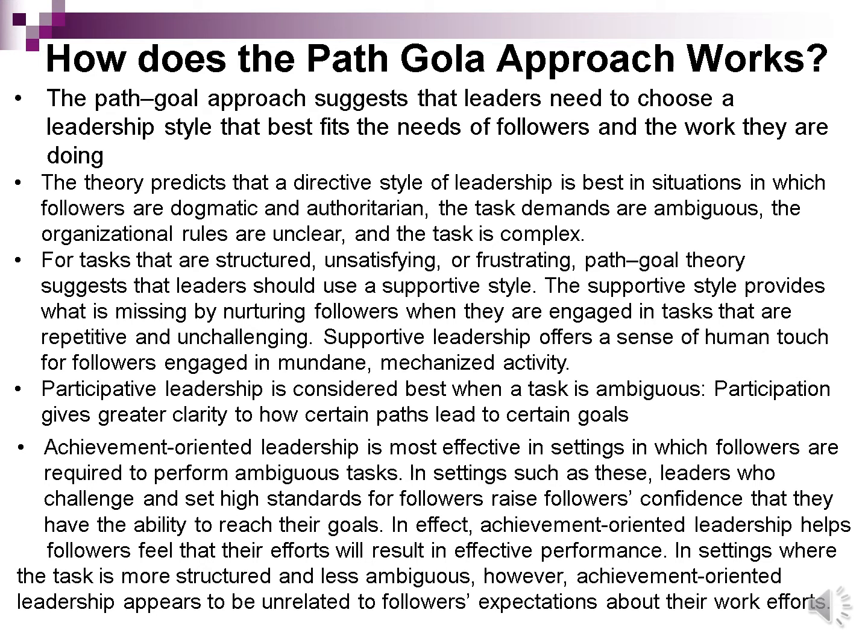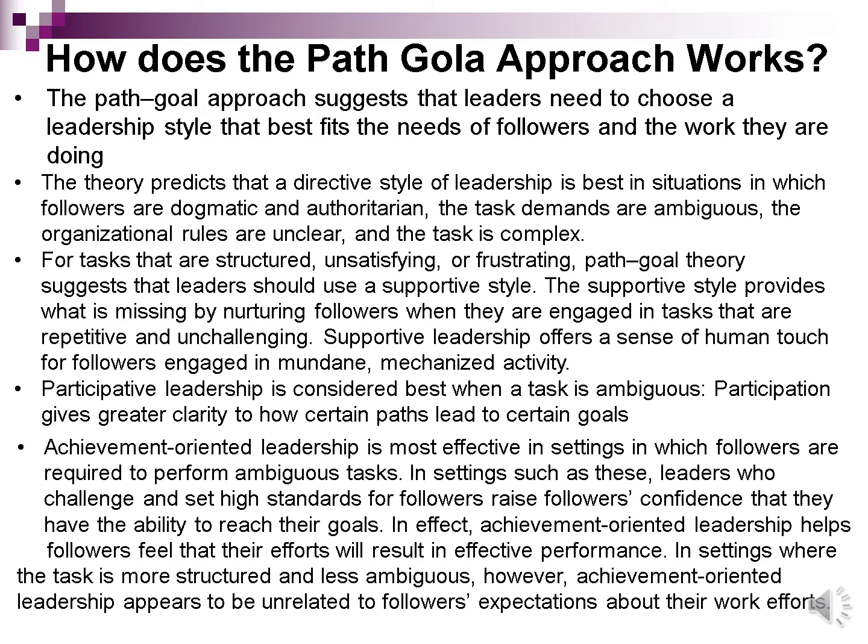In effect, achievement-oriented leaders help followers feel that their efforts will result in effective performance. In settings where the task is more structured and less ambiguous, however, achievement-oriented leadership appears to be unrelated to followers' expectations about their work efforts.